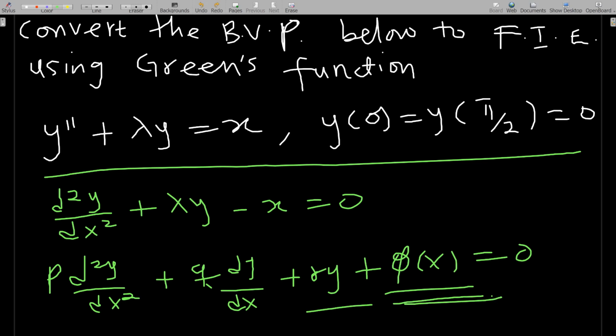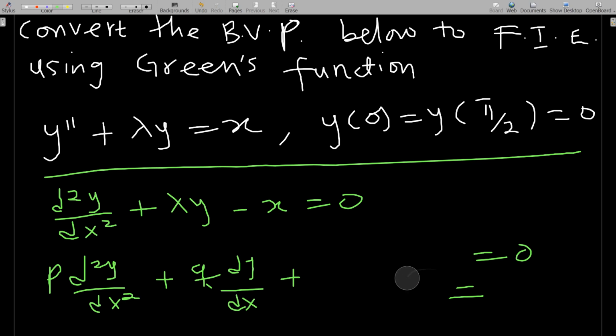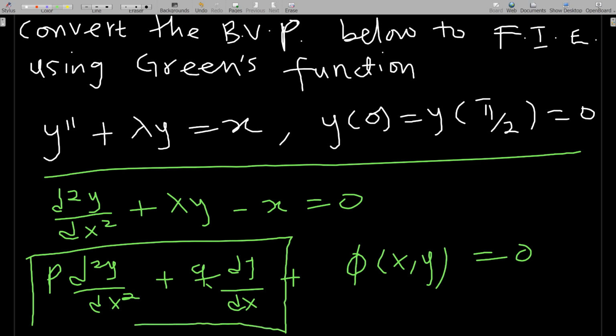So here we have a function of only x, so the phi here should change to a function of both x and y. The r y will also go, and we'll have something like phi of x, y equals 0. So we'll only be concentrating on this aspect, and the remaining will be a function of both x and y.